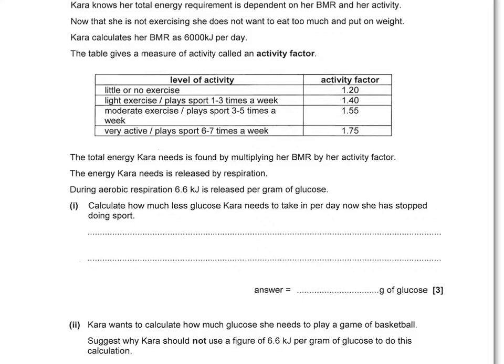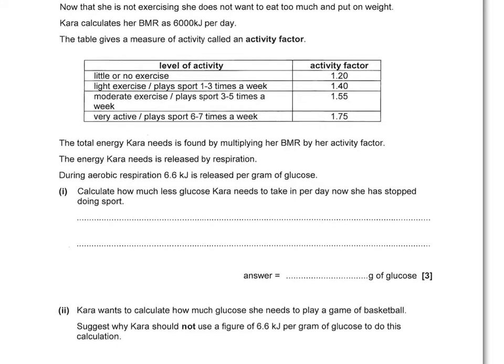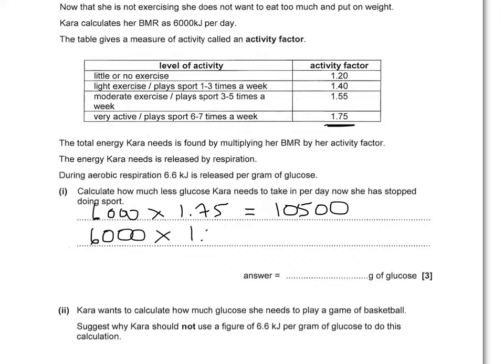So the first thing you've got to do is the 6,000 times by 1.75, which is your very active factor, and that equals 10,500. Then you've got to do your 6,000 times 1.2, which is little or no exercise, which equals 7,200.